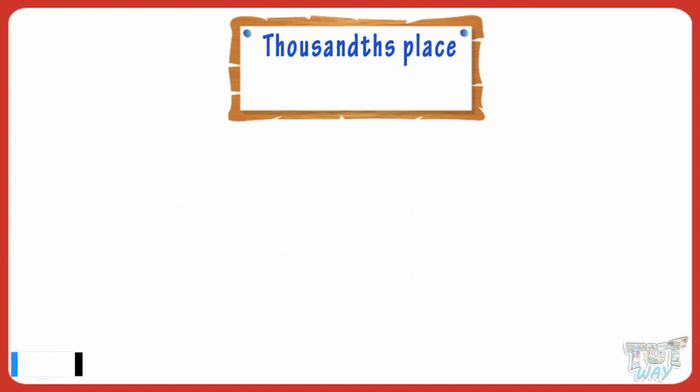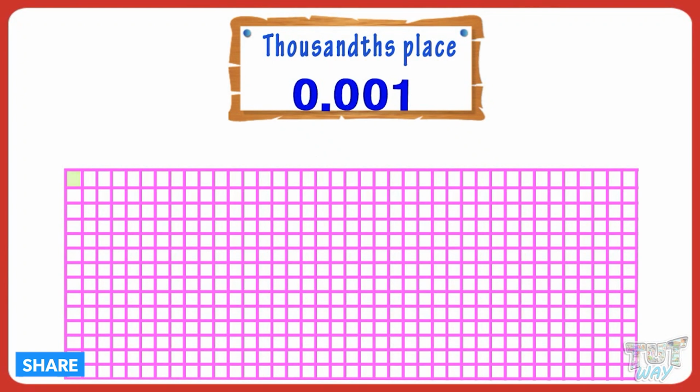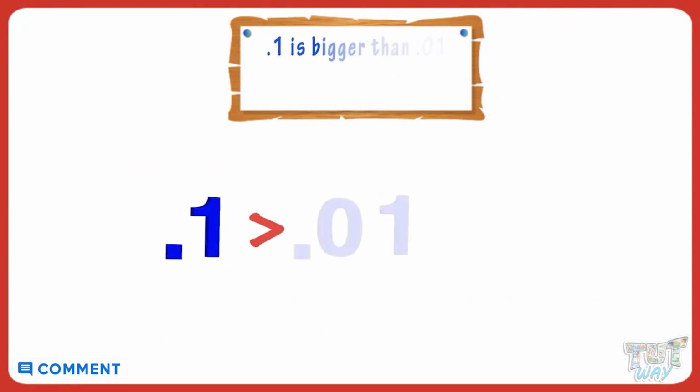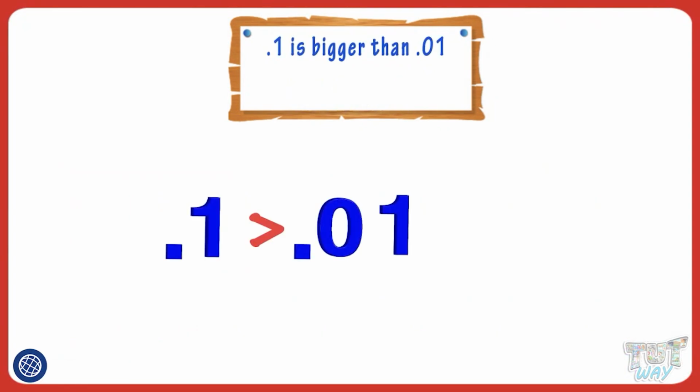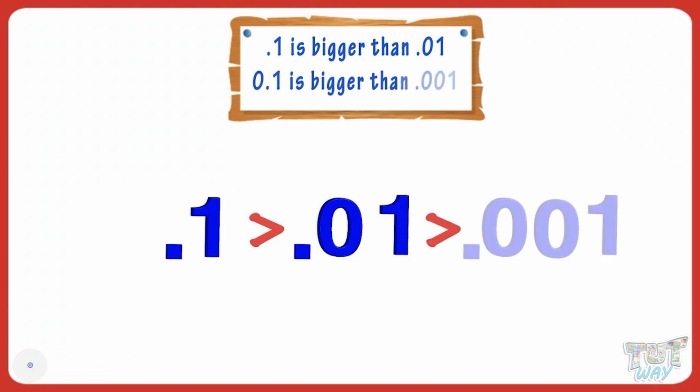And thousandths place means 1 part out of 1,000. So, 0.1 is bigger than 0.01, and 0.01 is bigger than 0.001. Kids, here's a very important rule for you to remember.